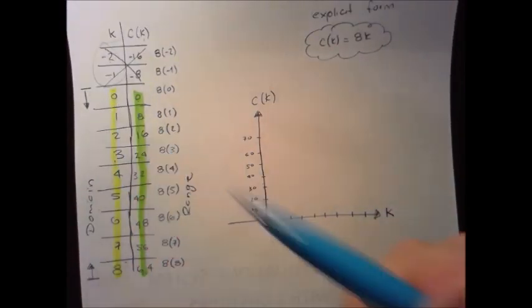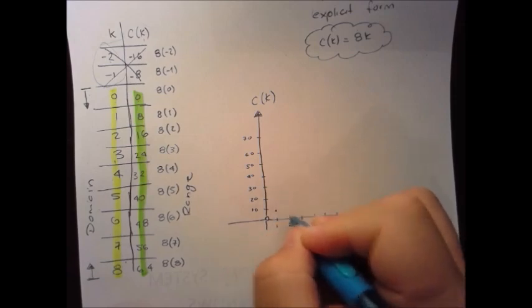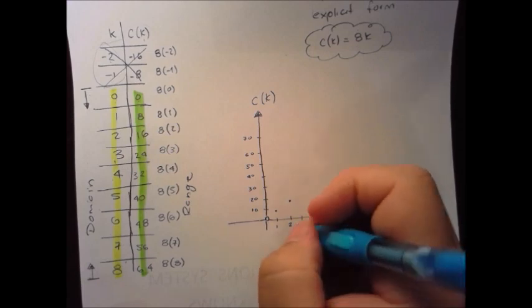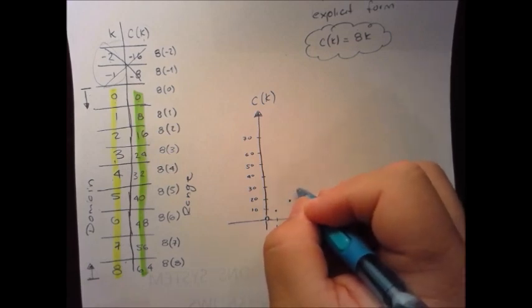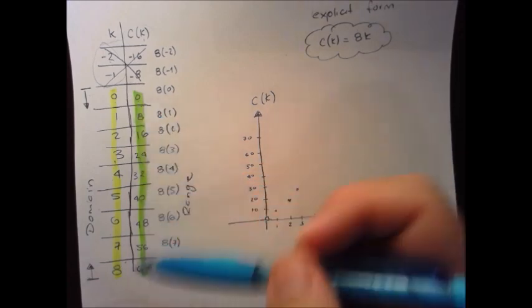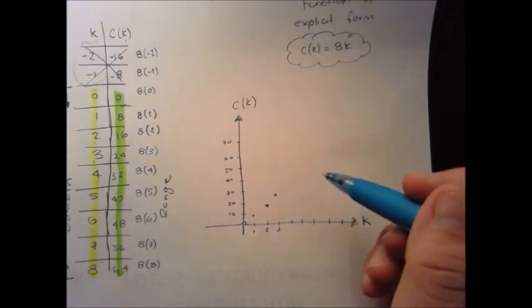So let's continue. 1 kilogram is going to be 8. 2 kilograms is going to be 16. 3 kilograms is going to be 24 here. Okay, and etc. As you can see, it's going to be a linear function again.